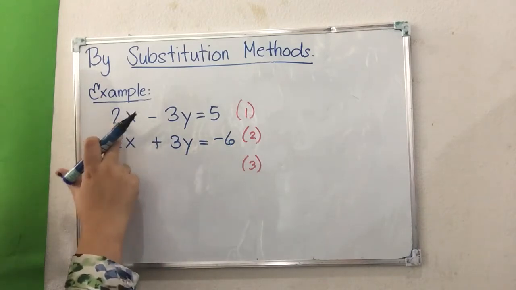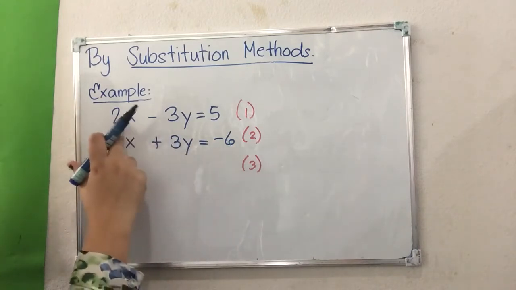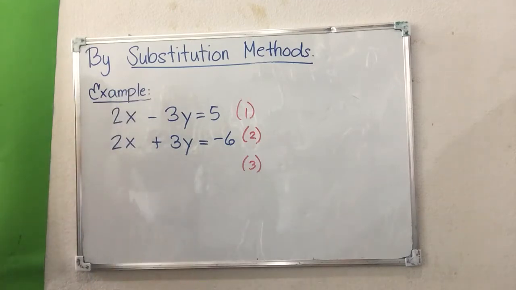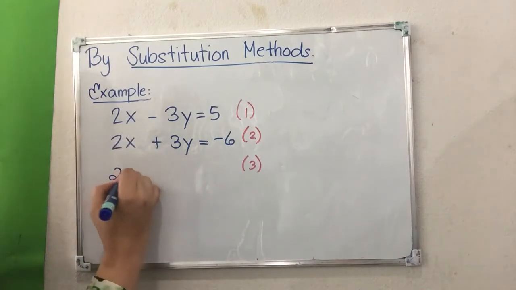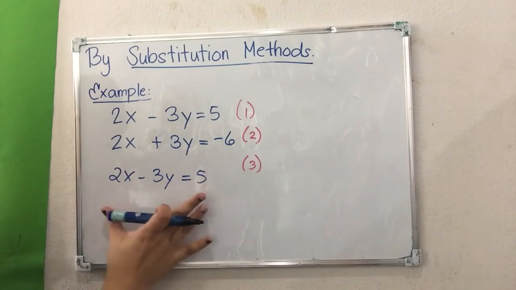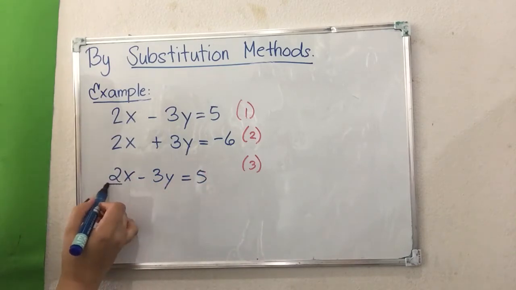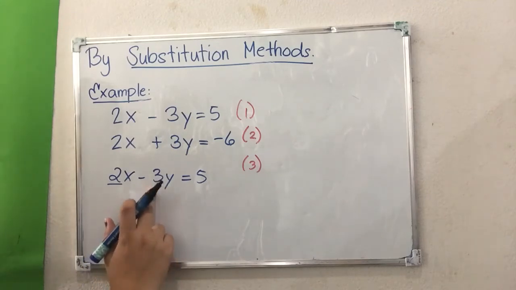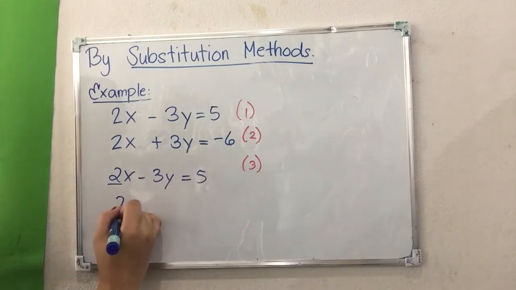Since it has a coefficient of 2, I will write it here. You have 2x minus 3y is equal to 5. So we have a coefficient of 2. What are we going to do? Of course, we move that one to the other side.